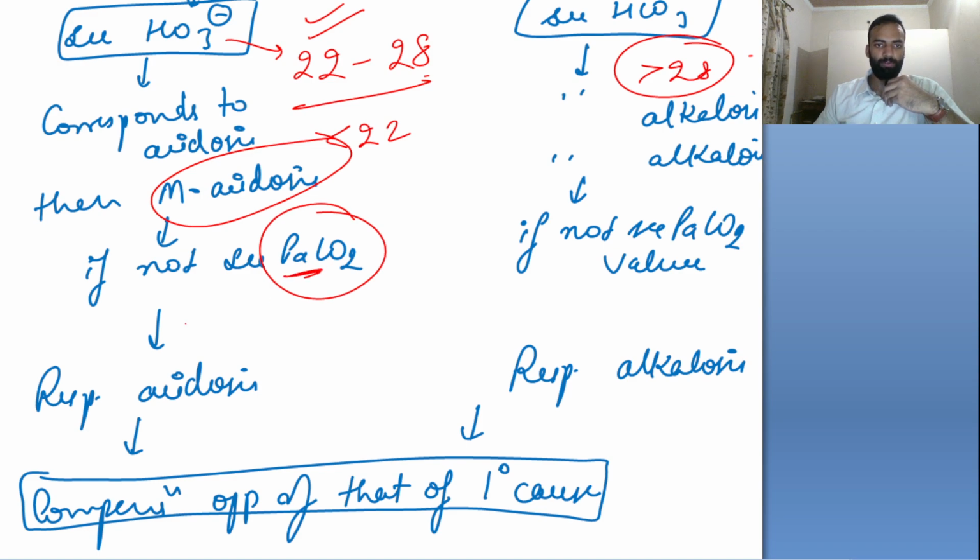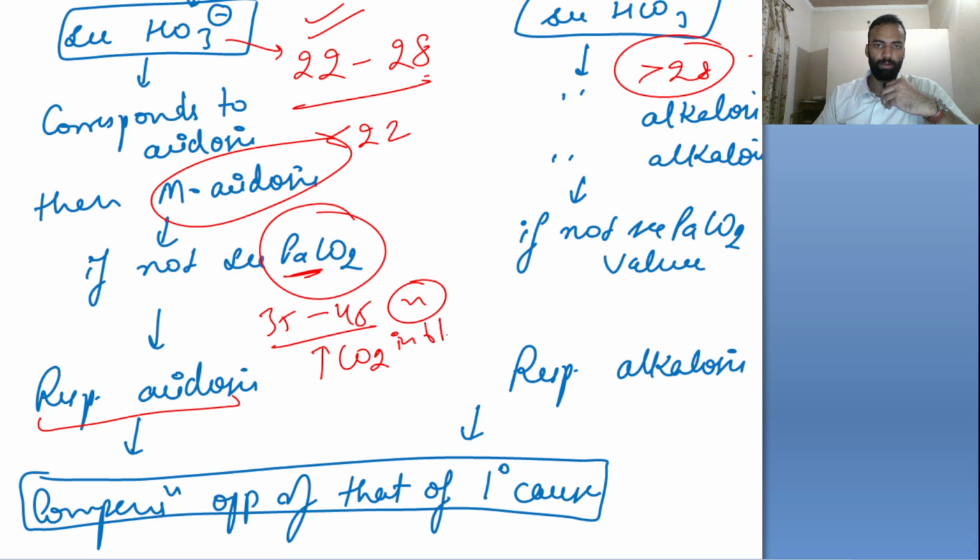If the CO2 value corresponds to the acidosis, then it is respiratory acidosis. Example: normal is 35 to 45, and we know whenever there is an increase in carbon dioxide in blood, it leads to respiratory acidosis.